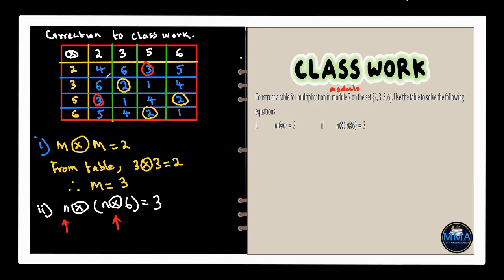Okay. Now, here we have 2 times 5 from the table. From the table, we see that 2 times 5 gives us 3.